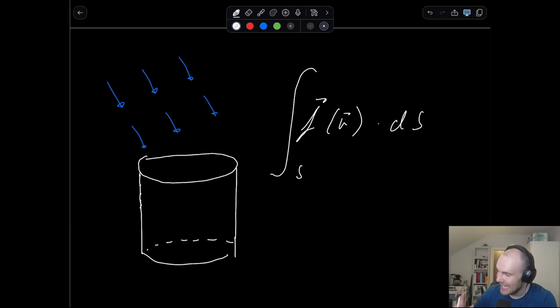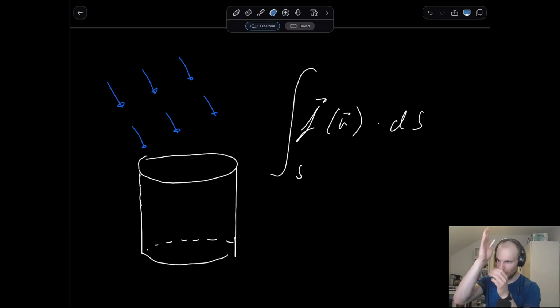Then it also depends on how, like I said, how I hold the bucket in terms of the rain. In order to catch the most rain, the rain has to be parallel to the normal of my surface. That will be the best.